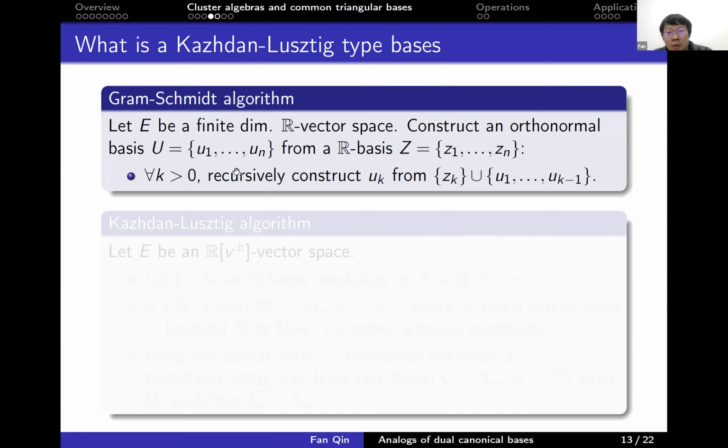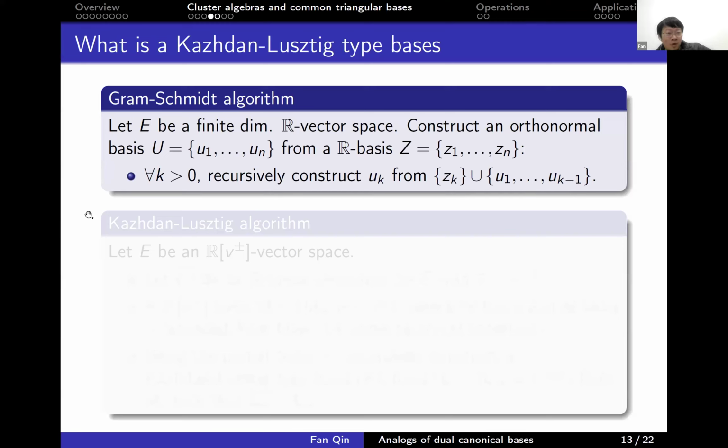So what can we do? The elements of Z, assume that we order them from Z1 to Zn, right? So we follow this total order, and we recursively construct Uk, this orthonormal basis element, from Zk, but corrected by lower terms from U1 to Uk minus 1. Assume that you have already constructed lower ordered elements here, right? So this is basically the idea of the Gram-Schmidt algorithm.